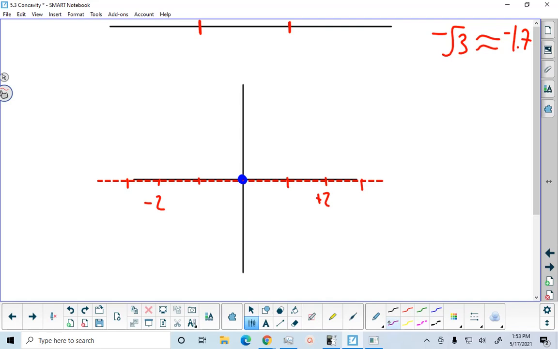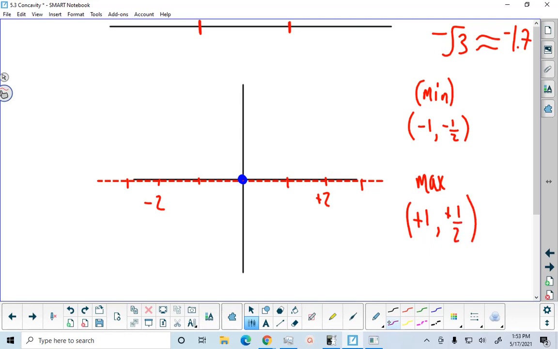Let's finish our scaling. What were our y coordinates? Well, and again, correct me if I'm wrong, we had a min at (-1, -1/2), and we had a max at (+1, +1/2). Can I get a yes on that?